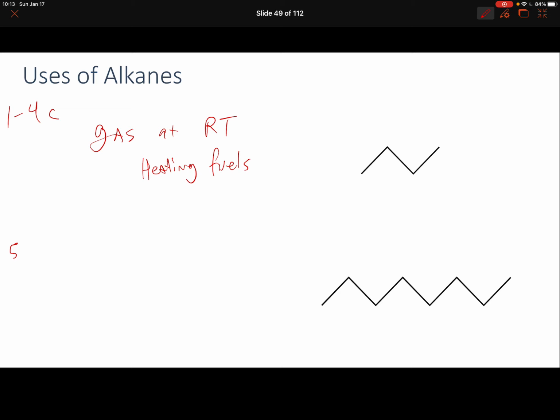Alkanes with 5 to 8 carbons are highly volatile liquids at room temperature. Volatile means that they evaporate easily. And so they're liquids. And they also are useful as fuels. This is pentane, hexane, heptane, octane. Good fuels.